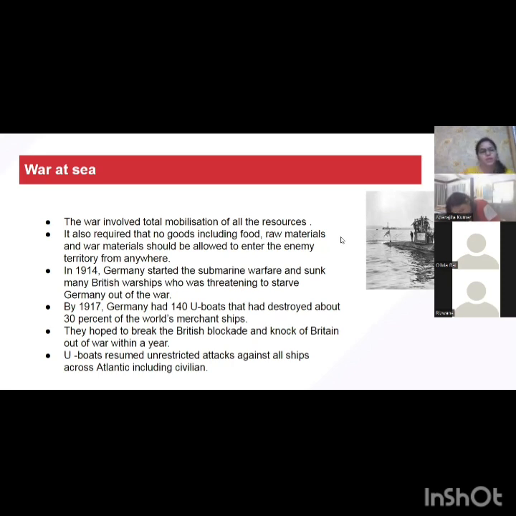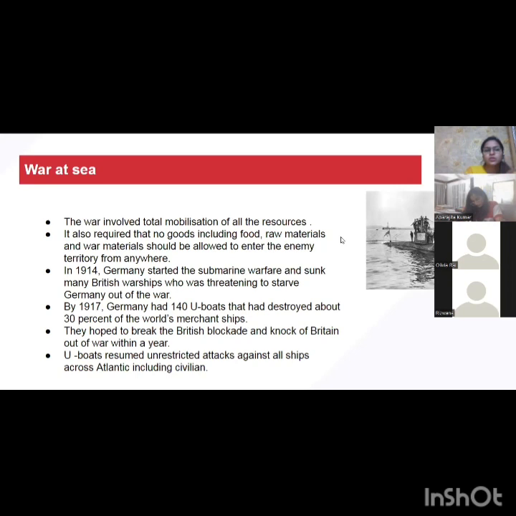The basic intention was to completely blockade Britain, because initially it was Britain's strategy to completely block Germany so that food, raw material and all the resources should not reach Germany, and Germany would starve out and ultimately get out of the war. Now Germany did the same thing by attacking British ships, to break the British blockade, and it was thinking that within 1 year Britain would be out of the war with the help of this submarine warfare.